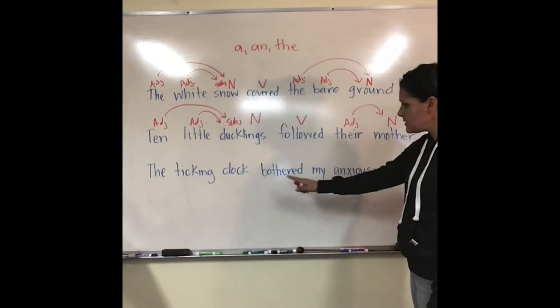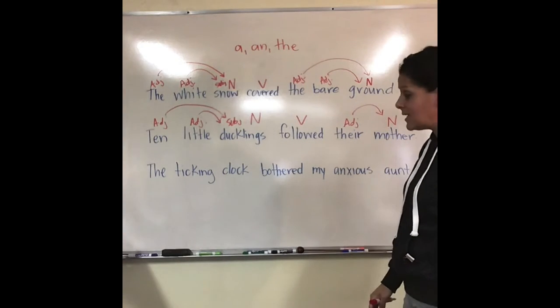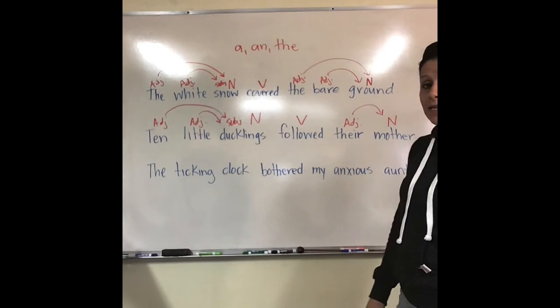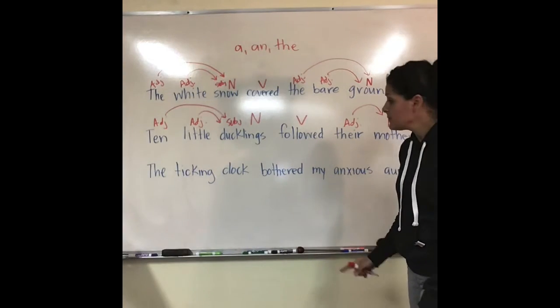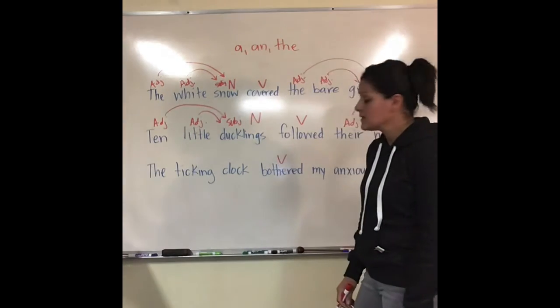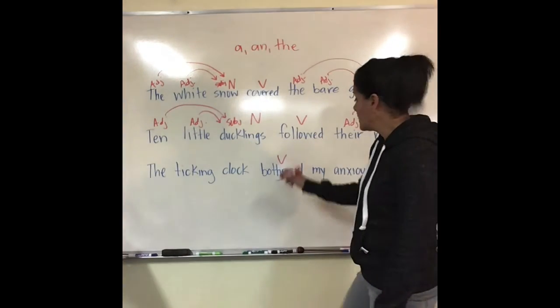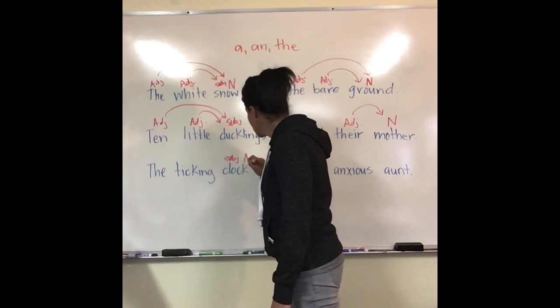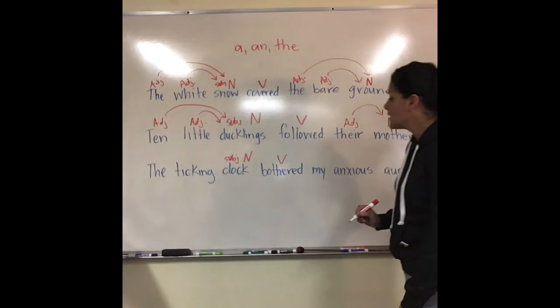So again, we're going to draw our arrows to the noun they're describing. Okay? Our last sentence I'm going to go over today says, the ticking clock bothered my anxious aunt. Okay, so let's look at it. What's my verb? Bothered. What's my subject? Clock, which we know the subject also means a noun.